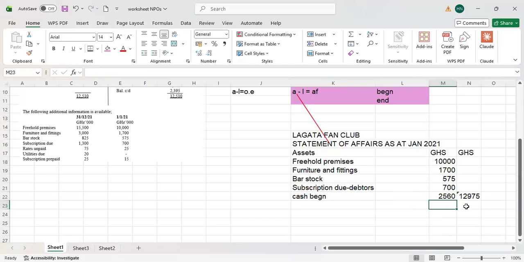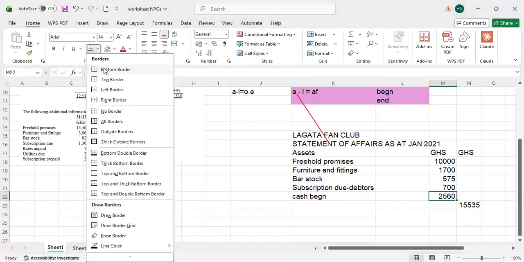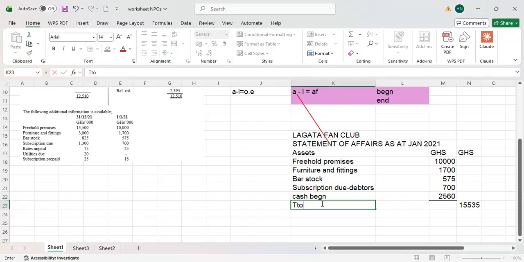So I'll add that, and that gives me my total assets. So my total assets is equal to my list of assets here.